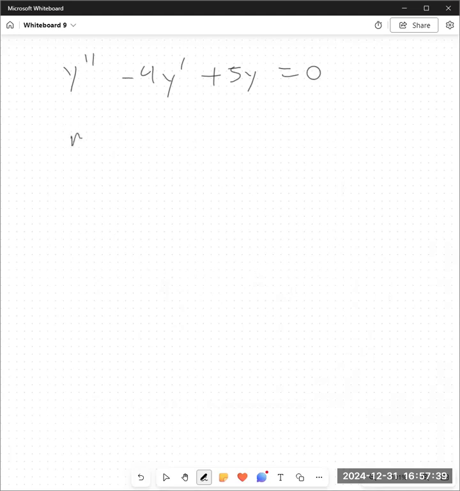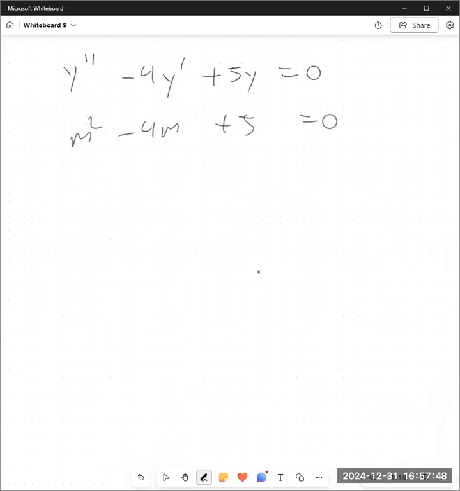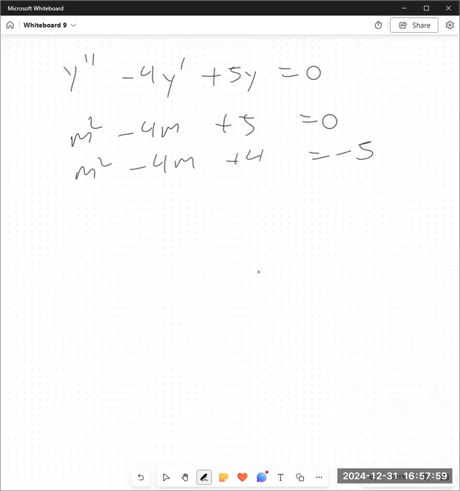So this becomes m squared minus 4m plus 5 equals 0. If you want to think about that for a little bit, there are no factors of 5 that add up to be -4. So I'm going to complete the square here. Half of the middle number squared is going to give me a +4. And that gives me m minus 2 quantity squared is equal to a -1. m minus 2 is equal to plus or minus i.